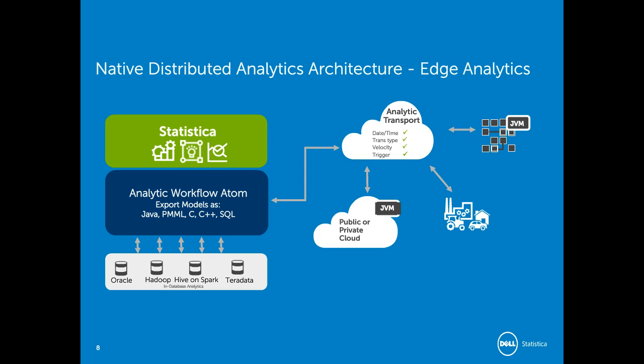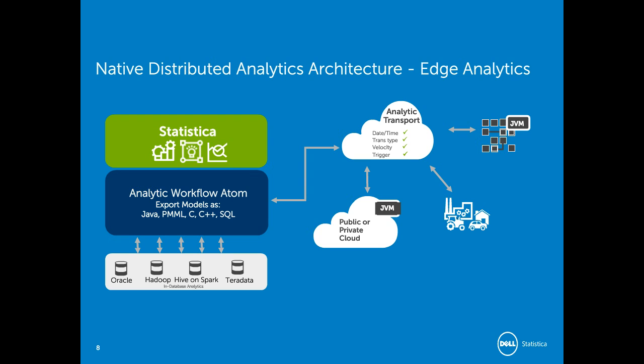I'll be showing you today how we can achieve this through Statistica. In Statistica, we can export models as a lot of different types of code bases that can be executed on different systems.